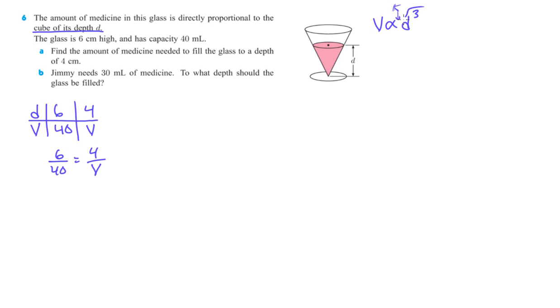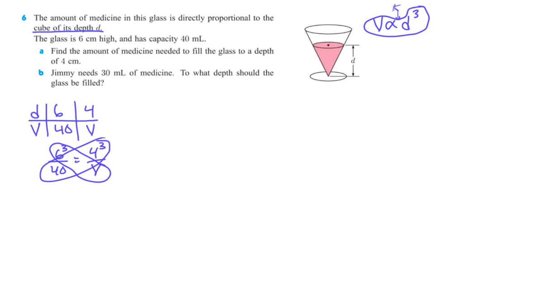But again, our variation constant here, that's k, we don't even know what that is yet. But our variation statement says that this d has to be cubed, so we have to cube both of those, and then cross multiply.